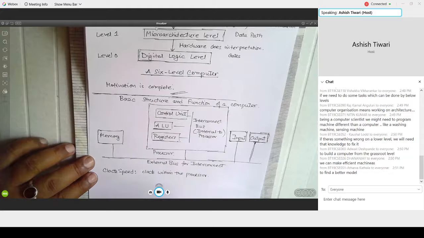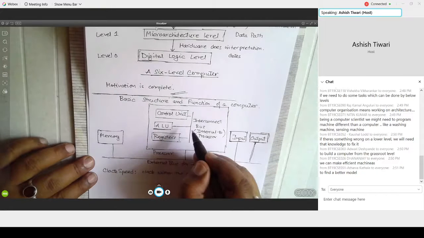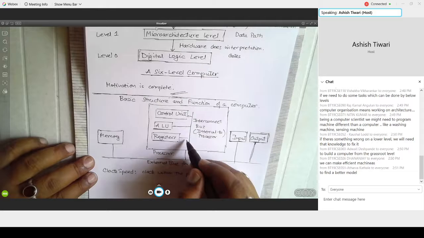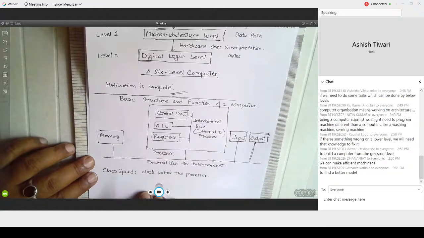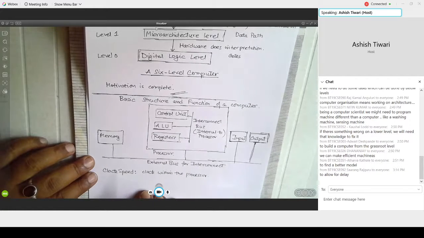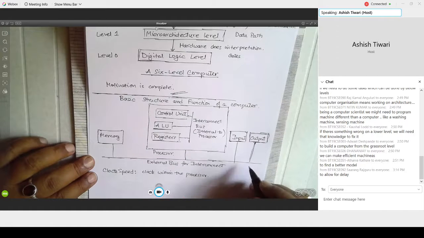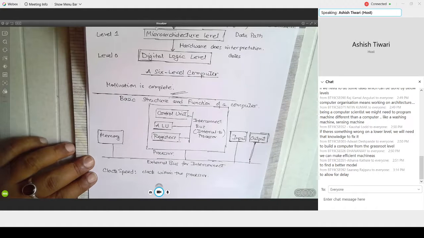Okay, so can somebody tell me why we have a clocked circuit? Why do you want things to be clocked? You've done some course on digital circuits, right? To allow for delay.